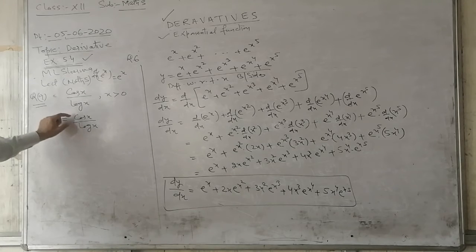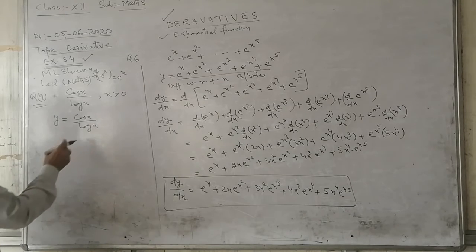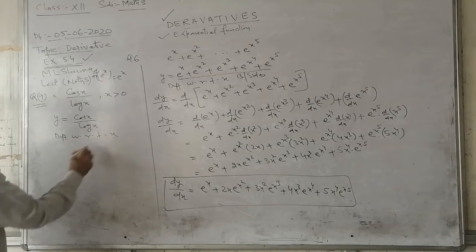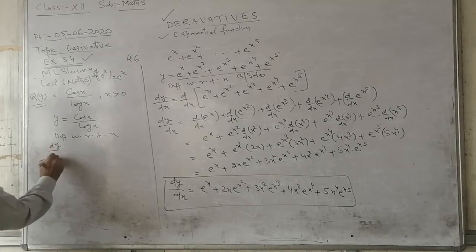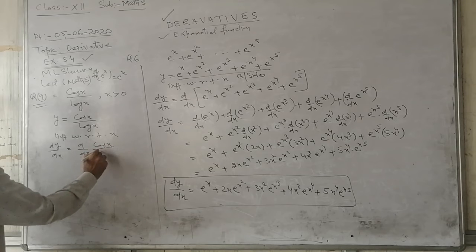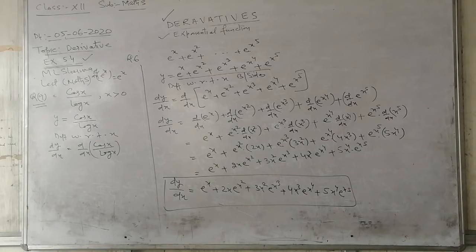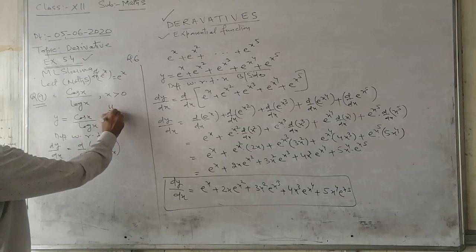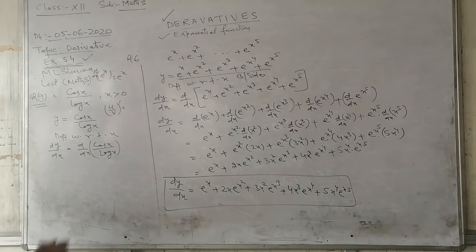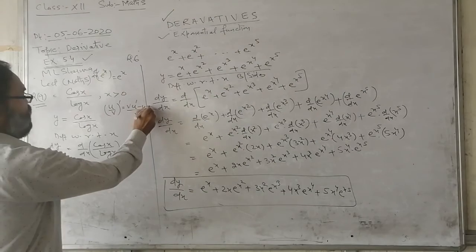Now this is a trigonometric function and this is a logarithmic function. So differentiate with respect to x. So dy/dx equals d/dx of cos x upon log x. Here I will have to use the quotient formula for the derivative of u upon v, that is (v u' − u v')/v².